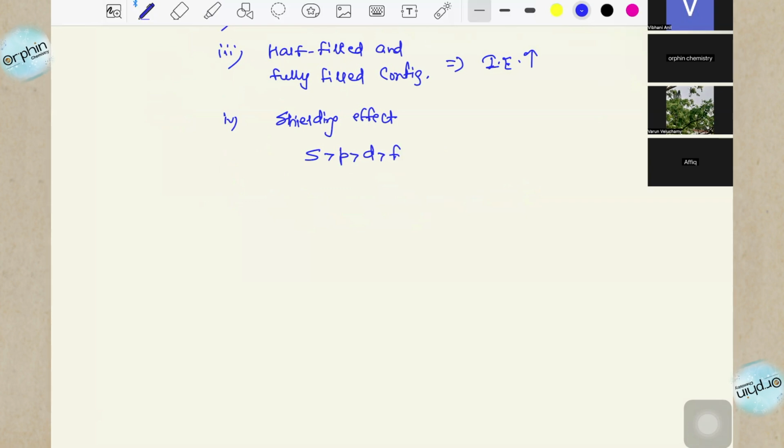Electron present in S orbital is attracted to a maximum amount, or we can say it is attracted highly by the nucleus. Then electron present in p orbital is attracted quite lesser. Electron in d orbital even lesser. Electron in f orbital is very lesser.